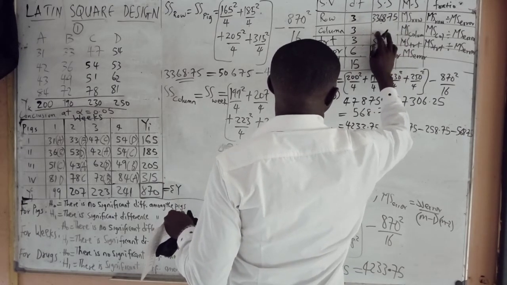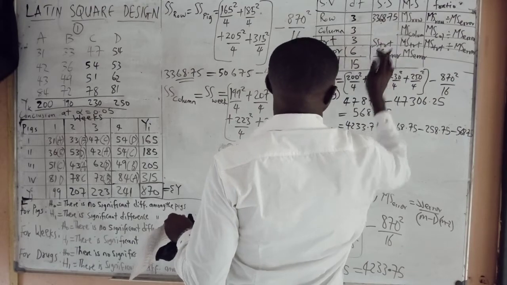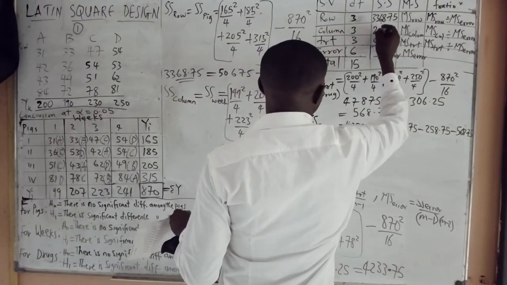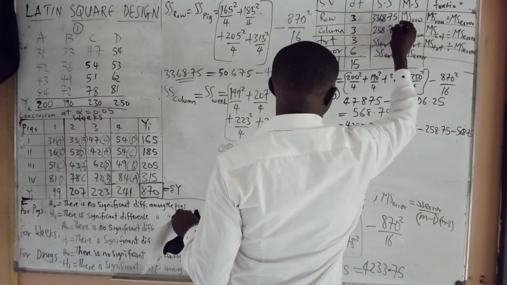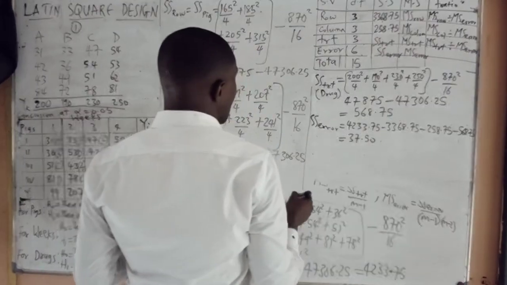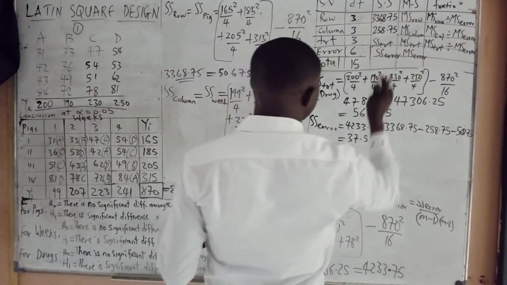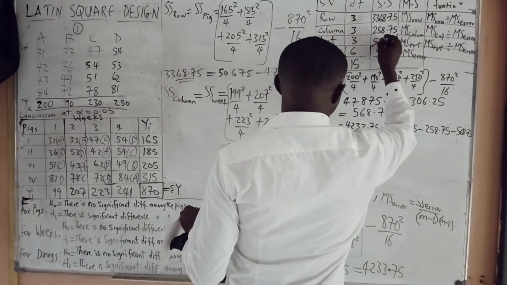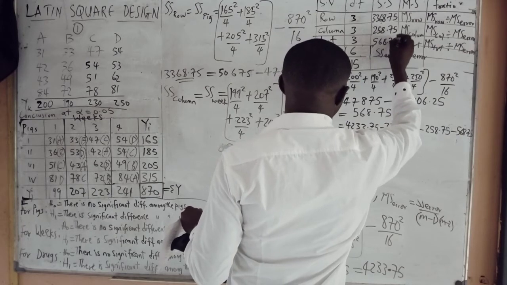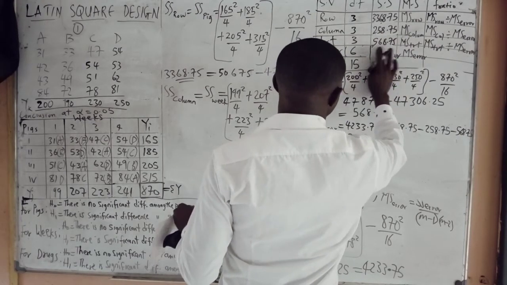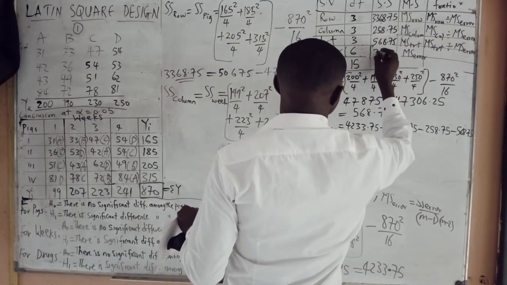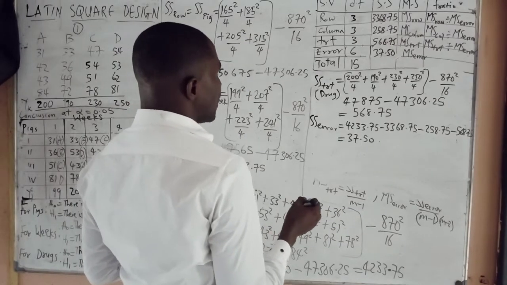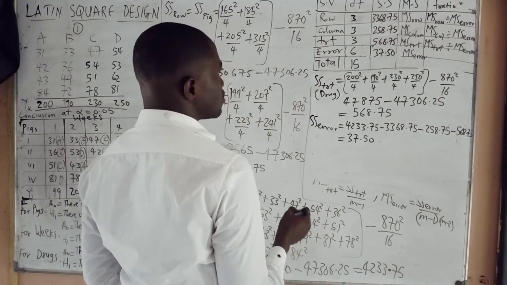SS column, we have 258.75. SS treatment, we have 568.75. SS error will be giving us 37.50.